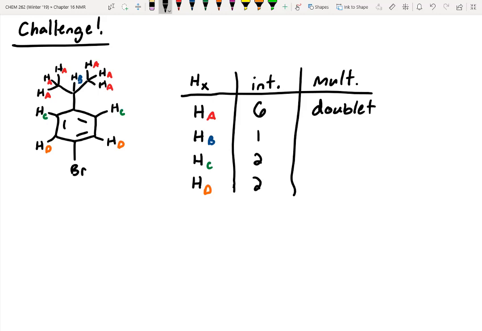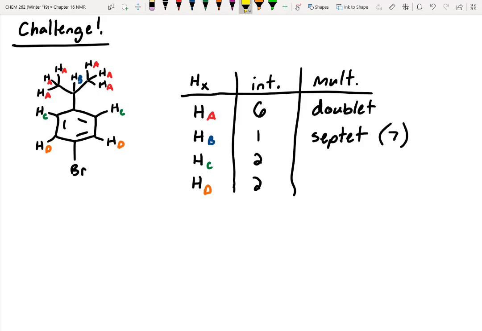All right, so now let's jump to HB and ask ourselves, how many 3-bond neighbors does HB have? 6. So what will its multiplicity be? A septet. That just means a signal shape of 7, right? All right, if we think about HC, how many 3-bond neighbors does it have?